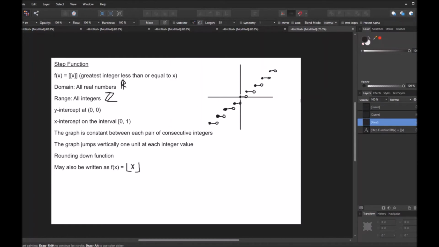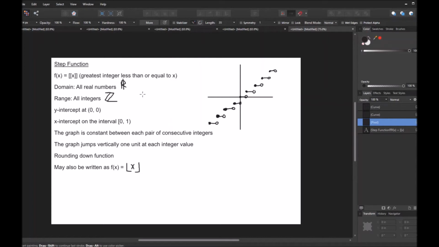So as you can see here from the graph on the right, it's intercepting the x-axis all the way up until 1, and then at 1 it jumps up and it's no longer intersecting the x-axis. And then at negative 1, for example, it's also not intercepting the x-axis.